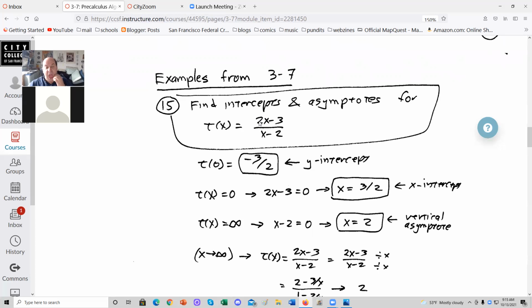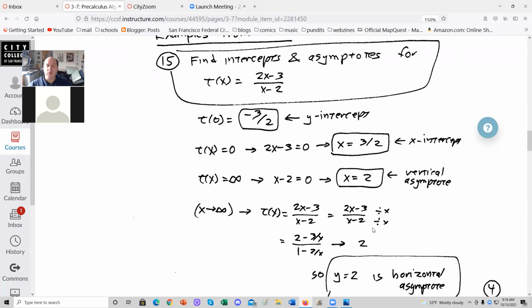Now the numerator is 0 when 2x minus 3 is 0, and that's also at 3 halves. Curious coincidence. Okay. Now, r of x is infinite, a vertical asymptote, when the denominator is 0, x minus 2 is 0, namely when x is 2. So 3 halves is an x-intercept, 2 is a vertical asymptote.